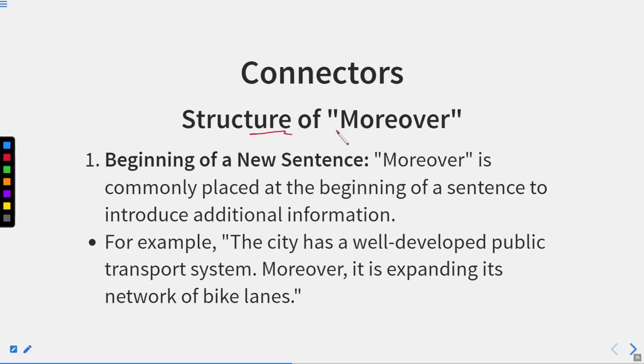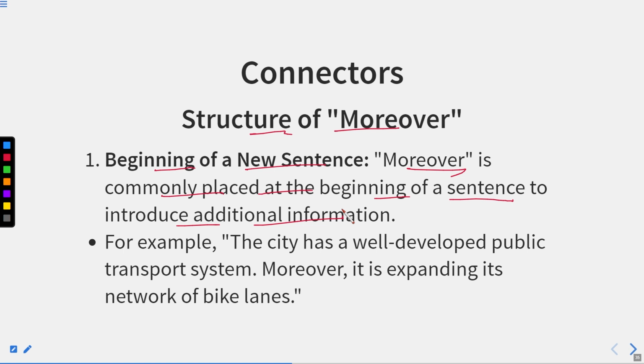Now we'll discuss the structure of moreover. First of all, beginning of a new sentence. Moreover is commonly placed at the beginning of a new sentence to introduce additional information. Obviously it will be a new sentence, but moreover cannot begin the paragraph of a story, because it is related to something which has already been said.